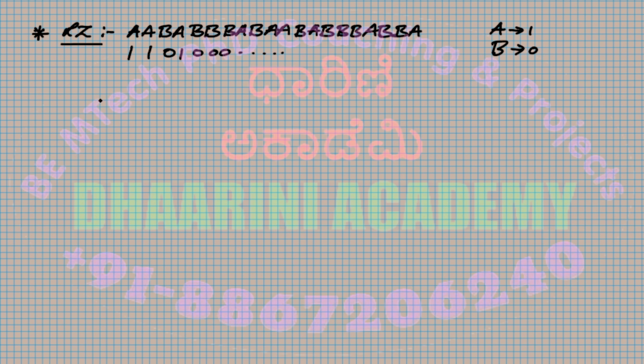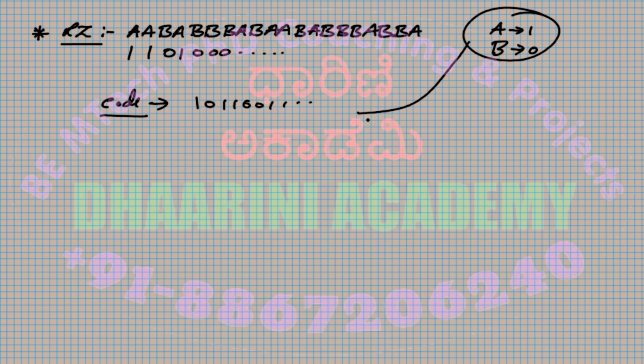At the end, you get a code. Let's assume that I get a code like 101100, whatever. Convert it back according to the same convention; that will be your coded signal.